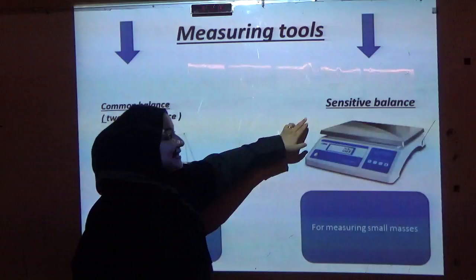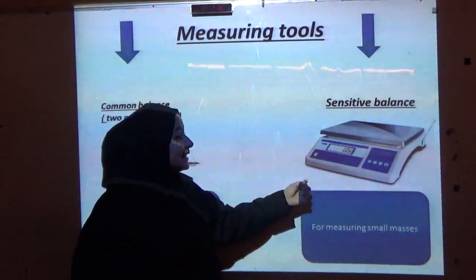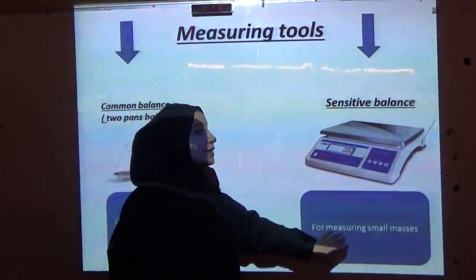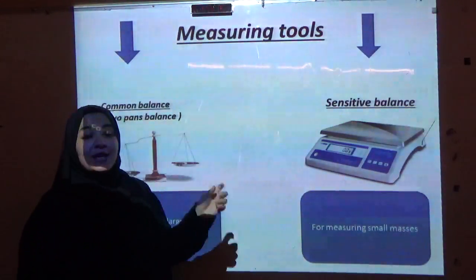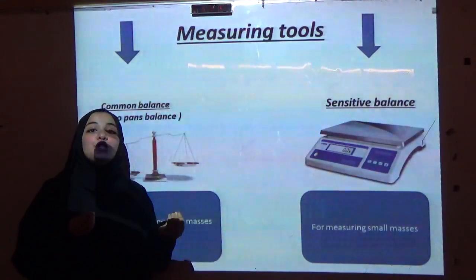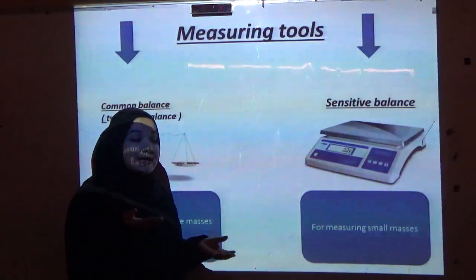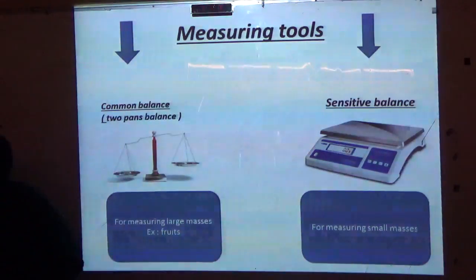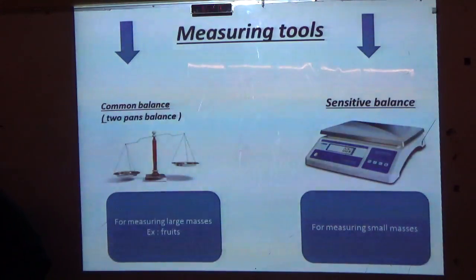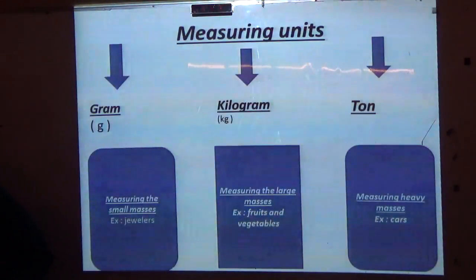Also, I have the sensitive balance. The sensitive balance is used for measuring small masses. I usually see the sensitive balance in the places which buy jewelries, because jewelries have a small and light mass. So now, I have the common balance and the sensitive balance.